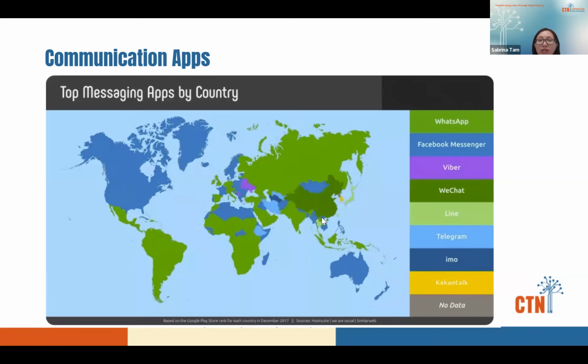Some of the learners are not from mainland China. They may be from Taiwan or from Hong Kong, and they actually use a different app. So you cannot assume that everyone who speaks Chinese uses WeChat. I think Taiwan uses Line. Hong Kong also uses WhatsApp. And Korea has Kakao Talk, which is equivalent to WhatsApp, but they use it in Korea or Korean speaking communities.